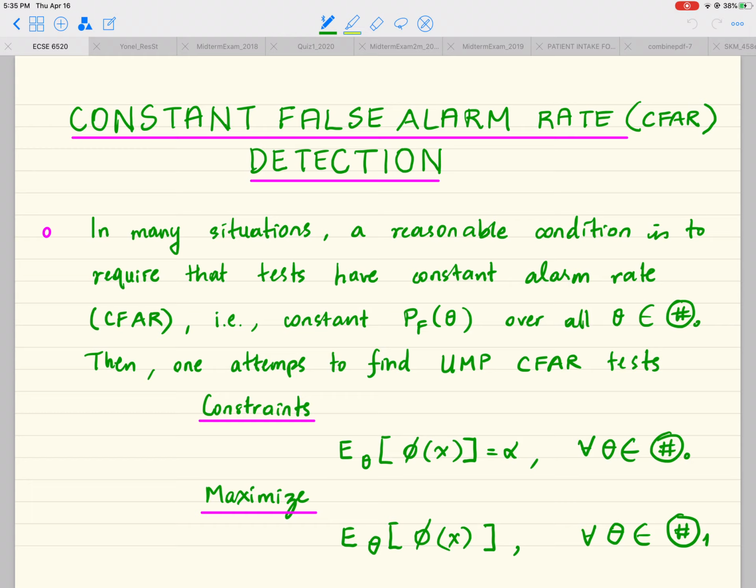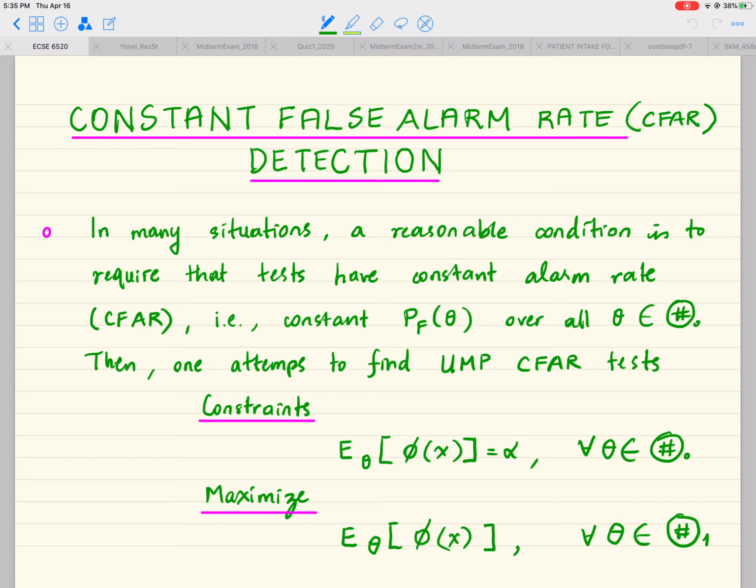Okay, so we have a problem, and this problem is parameterized by the parameter theta, and the parameter theta may have some unknowns. So the value of the parameter theta is not entirely known. This may be the case under both null or alternative hypotheses. So under the null hypothesis, we want to keep the false alarm rate constant and then maximize the probability of detection.